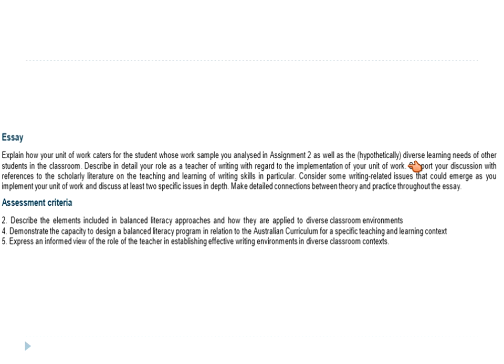Consider some writing-related issues that could emerge as you implement your unit of work. If, however, I find that my students do not have this background knowledge, or if I find that students are struggling to develop their ideas in sufficient depth, it depends on the year level and what the learning outcomes are, keep those in mind, then you might reflect critically on the issues that could emerge.